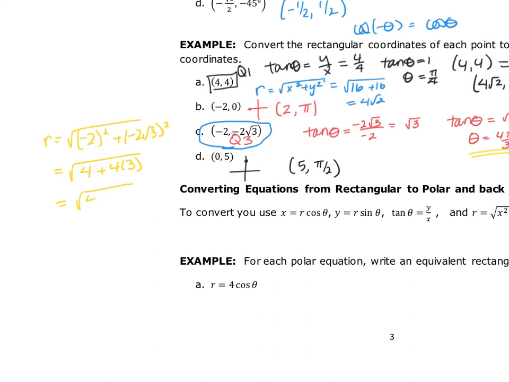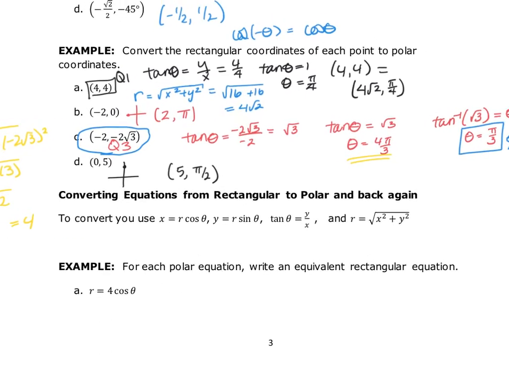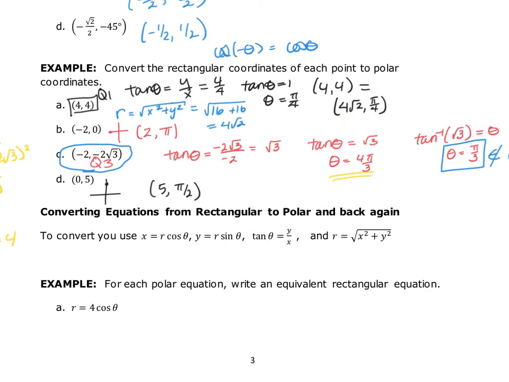So I have a 4 plus 12. You probably already got this in your head, but I just had to write this out. Sometimes I have to do that. So my radius is 4. So my answer for C, when I get done, is going to be a radius of 4 and 4 pi over 3. And that's my final answer for C.